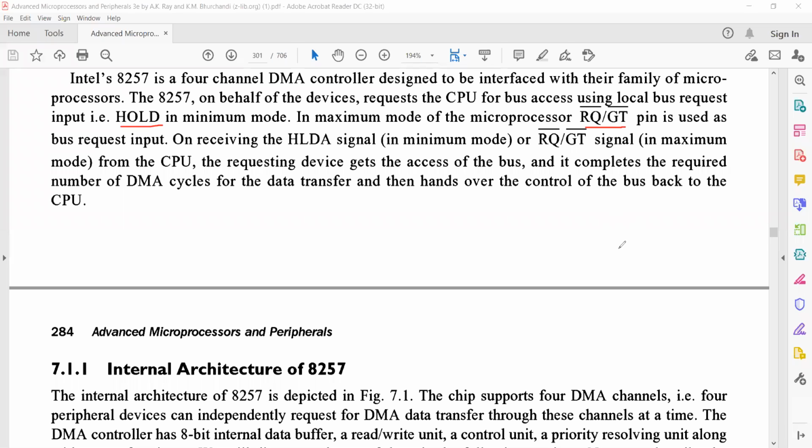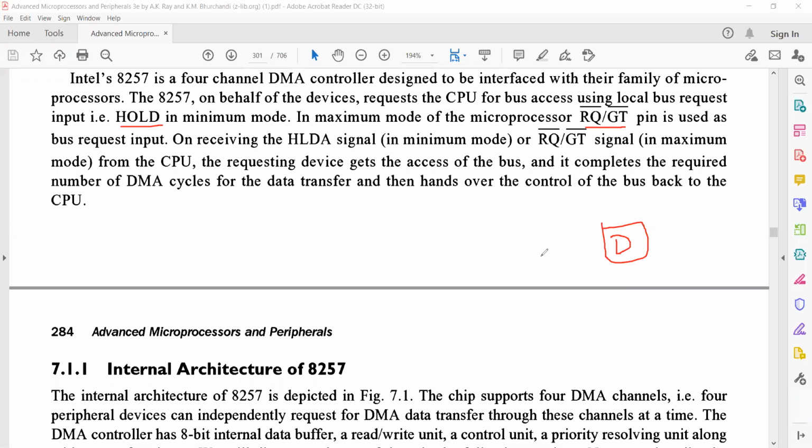When you have a device and you want to transfer data to the microprocessor through this device using the DMA controller, what do we have to do? We have to first send a request to the DMA controller to take access of all the buses of the microprocessor. So the device has to send a request to the DMA controller.